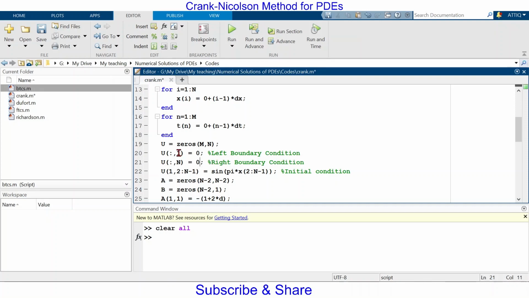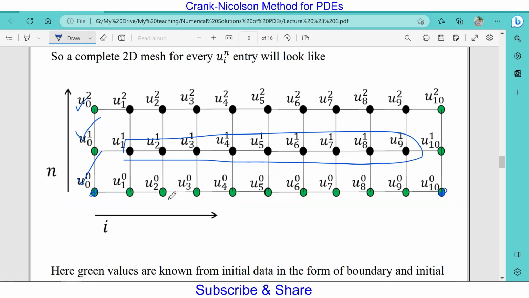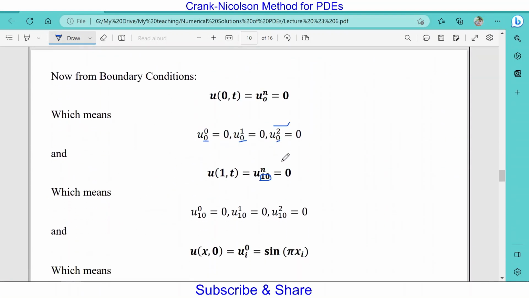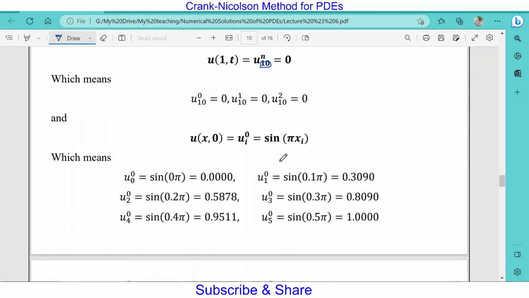So the first column of u and the last column of u will be 0, and the initial condition was depending on sine pi x. Here we are not doing the complete first row because the left and the right values are coming from boundary values, but they are also overlapping with the initial condition. If you can see from here, the values from the boundary condition are 0, but the values from the initial condition are also 0.